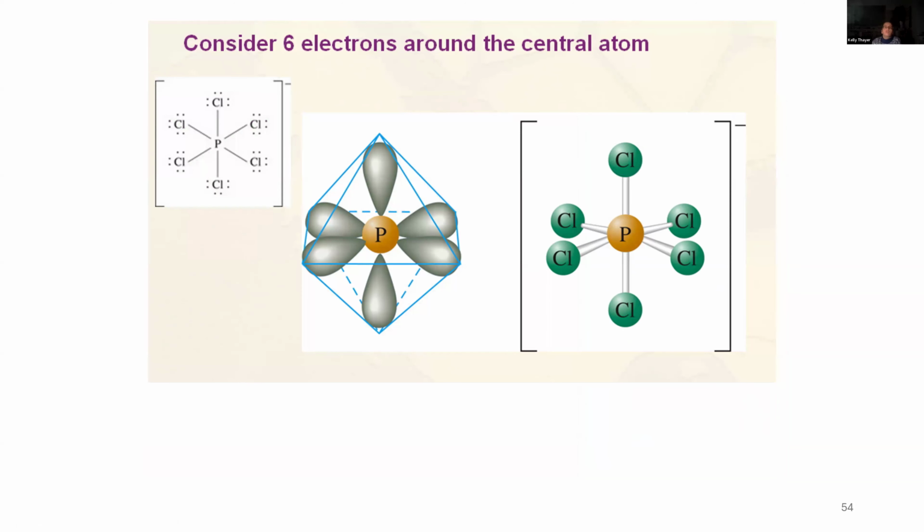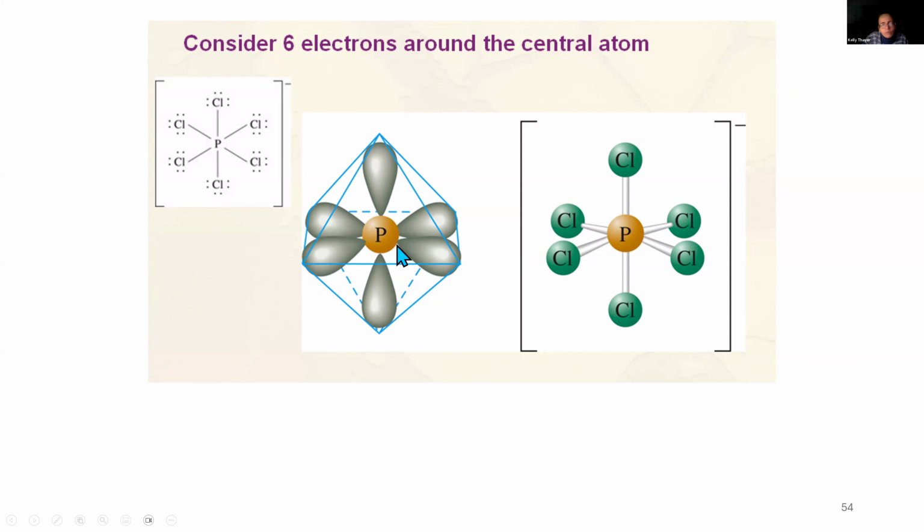We can also have 6 electrons around the central atom, pushing the limits here. All right, so we could have phosphorus with 6 different things, and we now have an ion in this case, so we have gained an electron. So let's see how this is going to look. This is going to arrange the lobes on the plane.